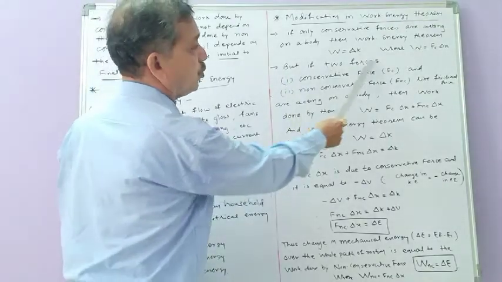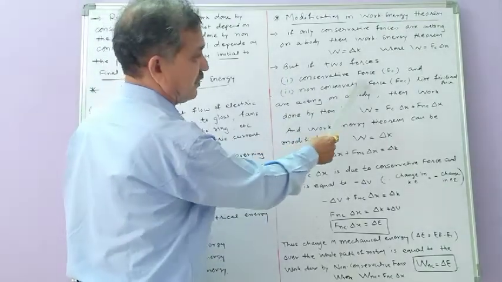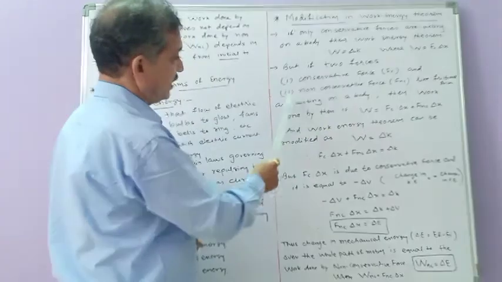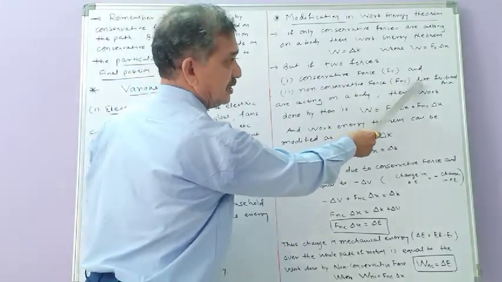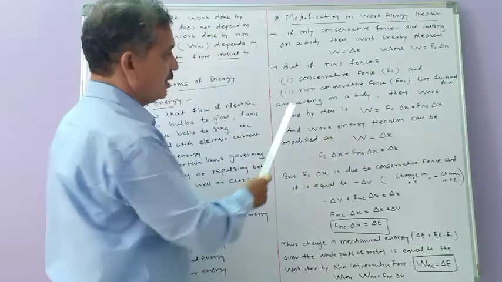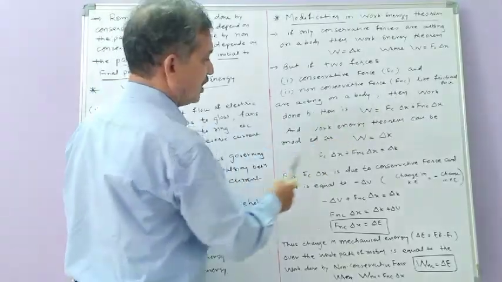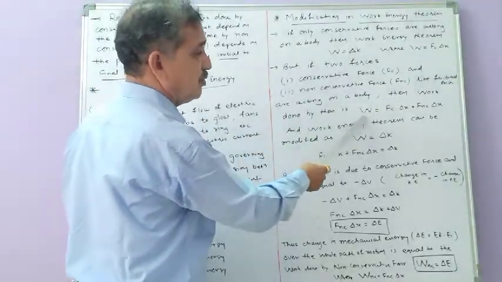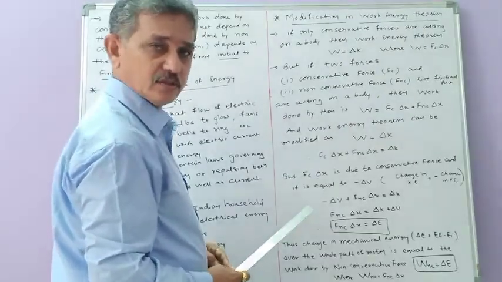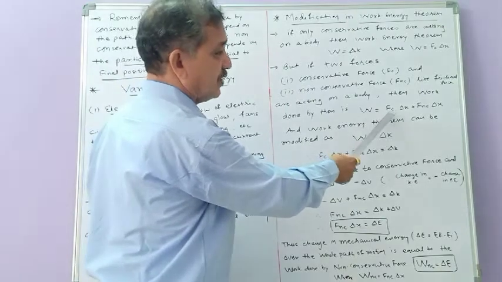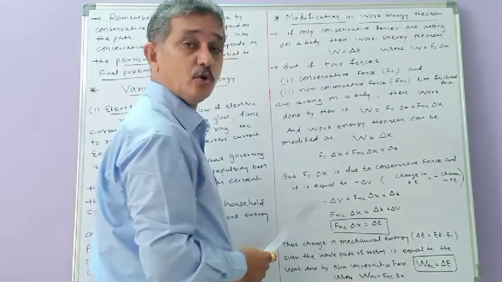If two forces, one is conservative force Fc and another is non-conservative force Fnc, like frictional force, are acting on a body, then work done by them is equal to the sum of the two works. One is work by conservative force, another is work by non-conservative force.